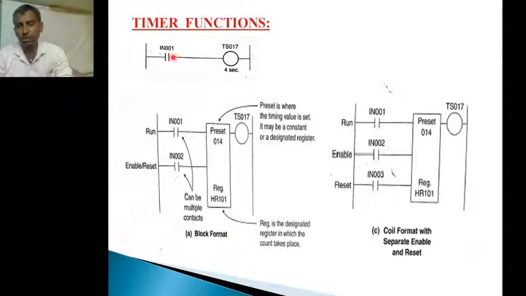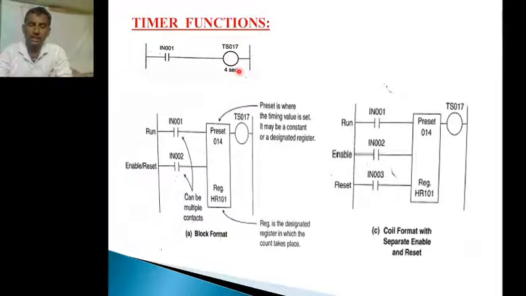Already 2 seconds are over, so before 2 seconds and now 4 seconds, in total 6 seconds it will operate. The delay we have to provide is 4 seconds, but because of the IN001 interruption, the timer will be on for 6 seconds. This is the disadvantage of this syntax.